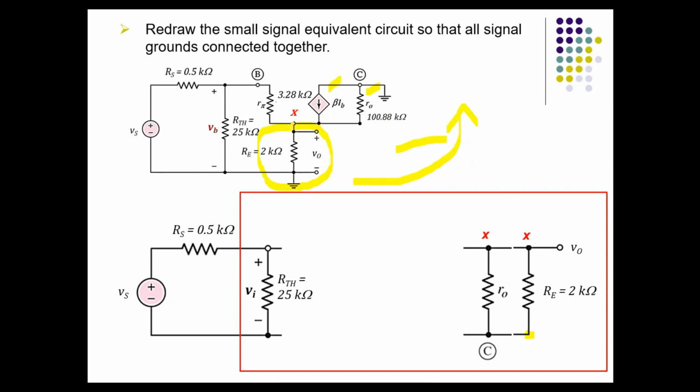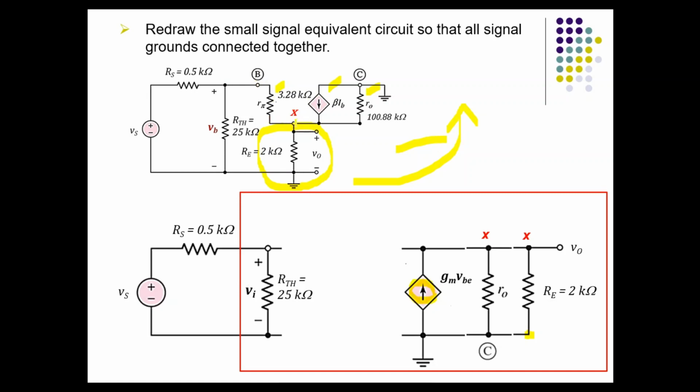Beta IB is connected between X and again the collector terminal. So that's my current source. However, because the arrow here is pointed towards X, this one is also pointed towards X. And finally my R pi, which is connected between base and X.